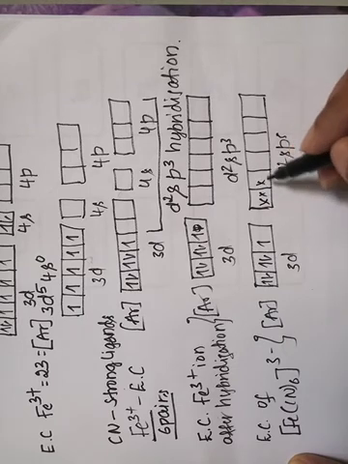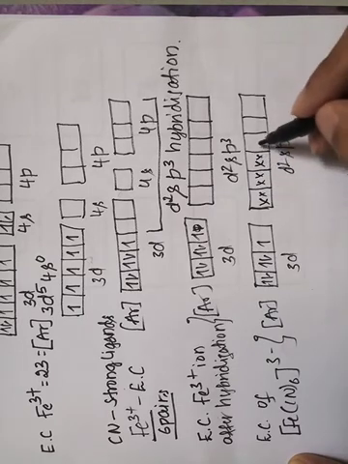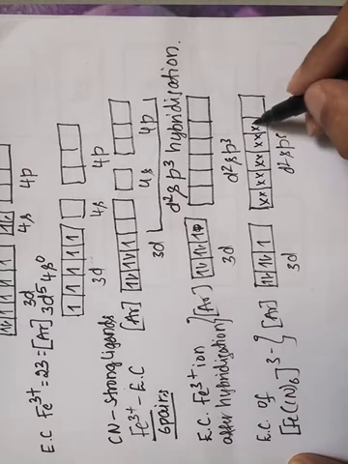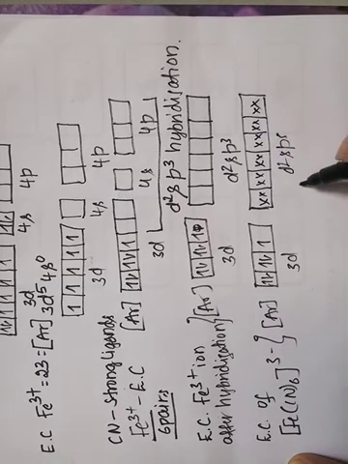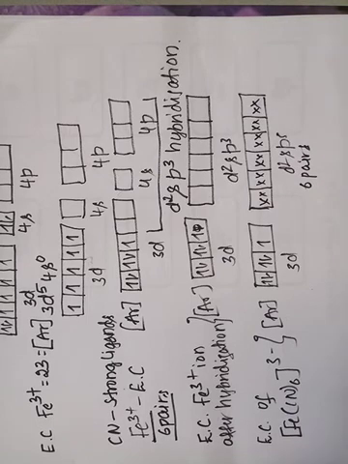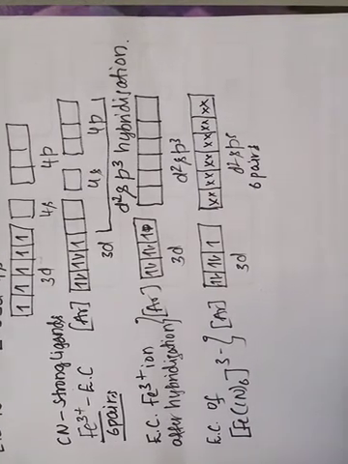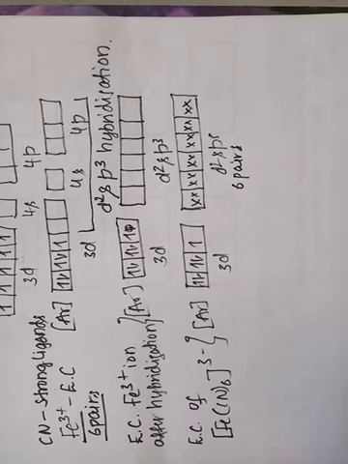Each hybrid orbital will occupy one pair of electrons, so 6 pairs of electrons will occupy the 6 hybrid orbitals.